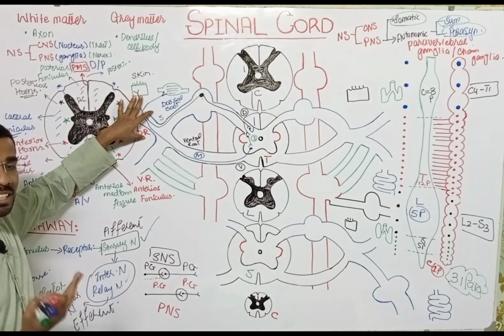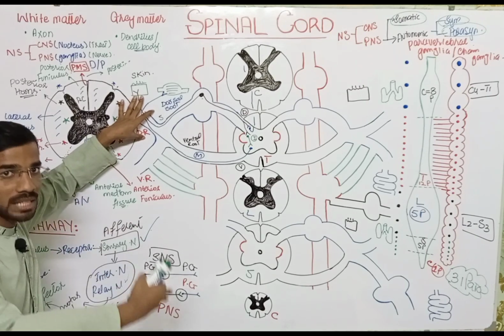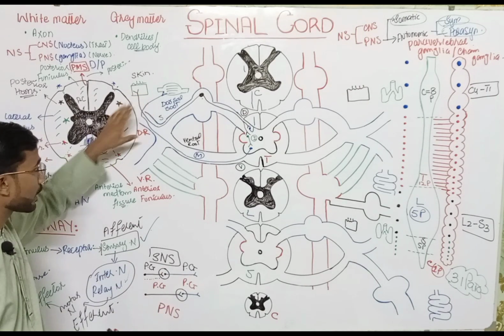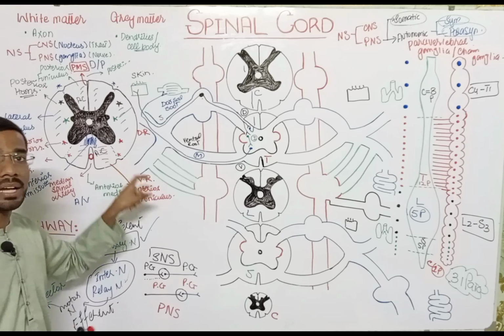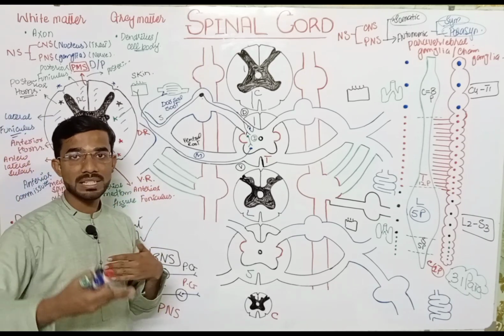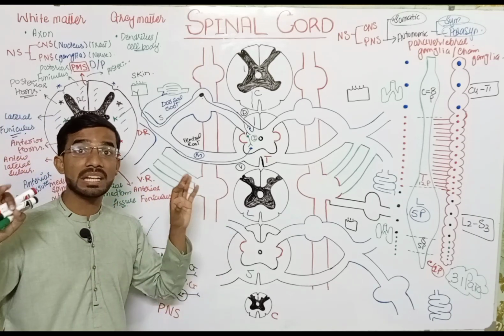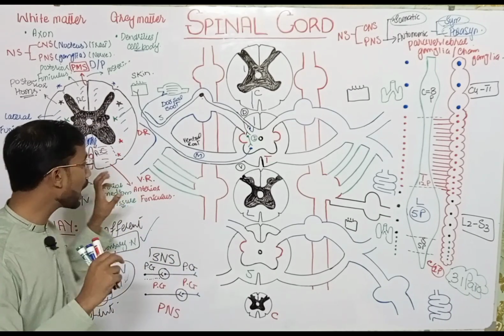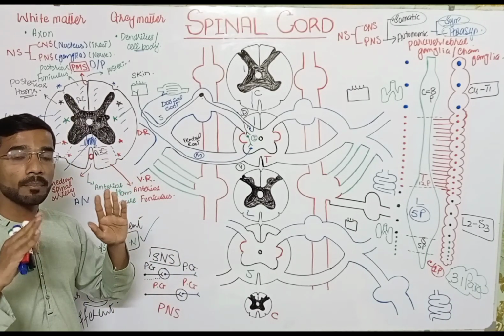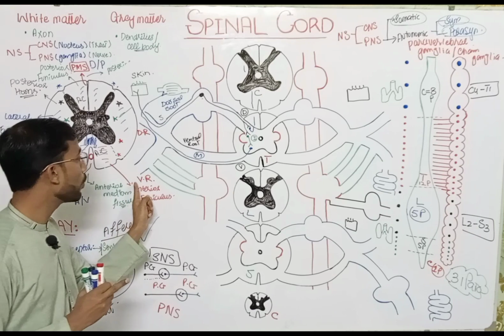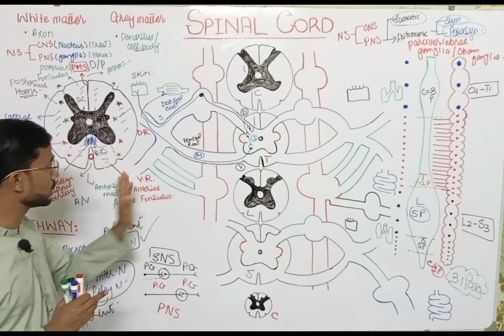Dorsal rami carry the message from the dorsal side of the body. Okay. Ventral rami carry the message from the front side or ventral side of the body, and all the limbs. From all the limbs, you will see the message comes through the ventral rami. So this is the case.